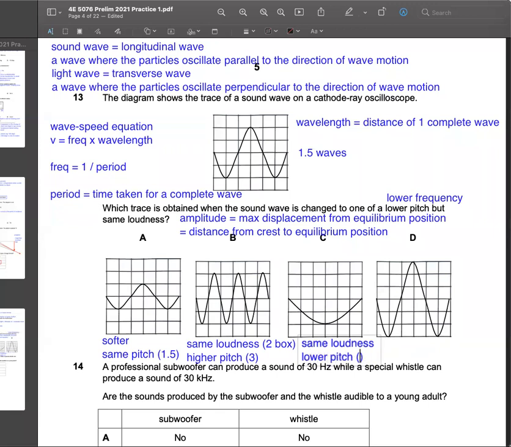Okay, how many waves are there? 0.5, half. Okay, the last one. Louder, and the pitch is the same.